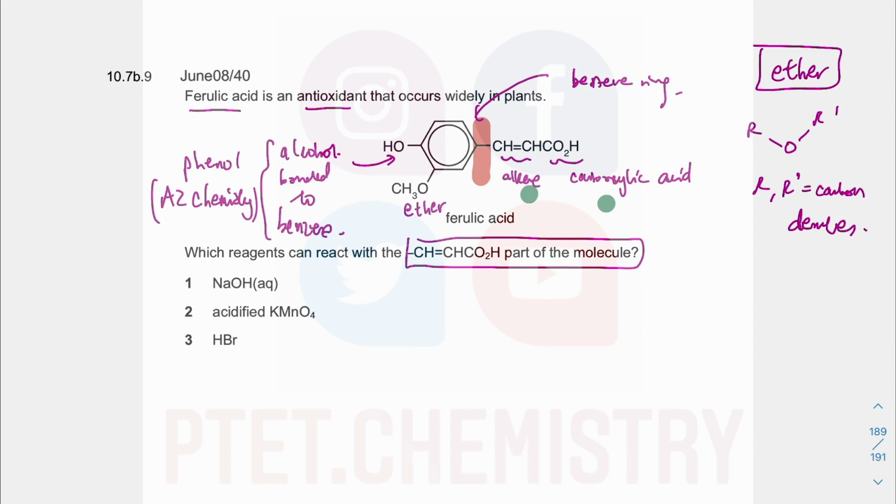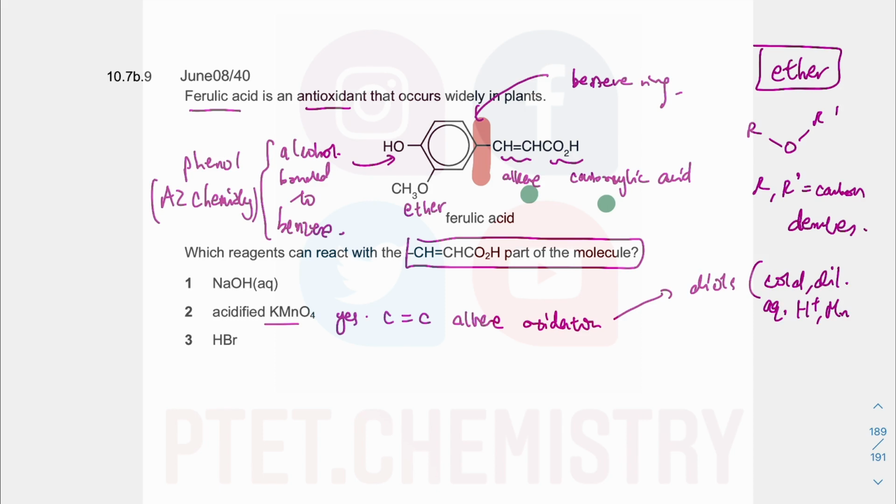Acidified KMnO4: yes, because you have carbon-carbon alkene oxidation, which can give you diols if you use cold, dilute, aqueous, acidified MnO4 minus. And of course you can get oxidative cleavage of the carbon-carbon double bond. Then this will break and you will get one product out of this, and another product out of this.